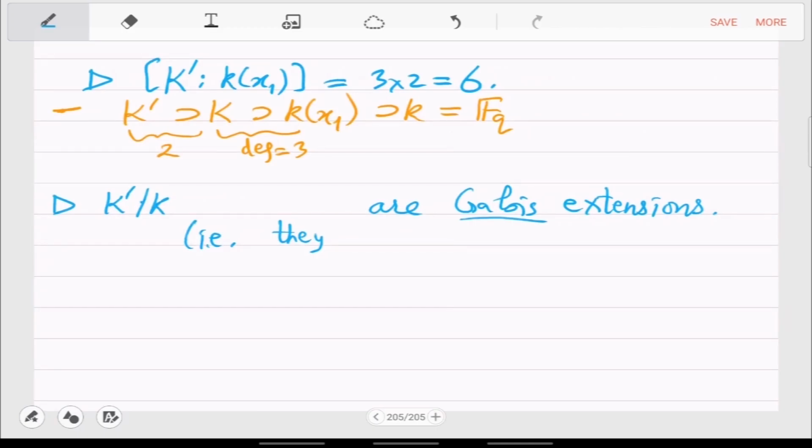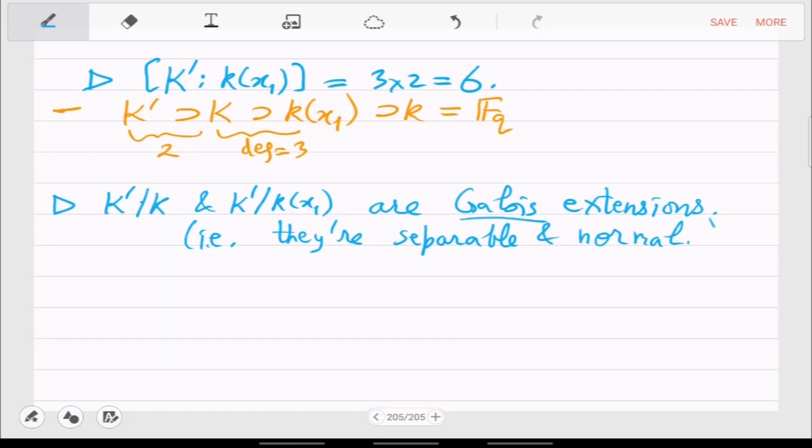If it has one root, then it should have all roots. For now, I can claim that both are Galois, that is, separable and normal. These are extra properties. They're not very important for our Riemann hypothesis proof, where we only needed this K prime which splits the single polynomial f. But I think you can reduce these Galois extension properties also.